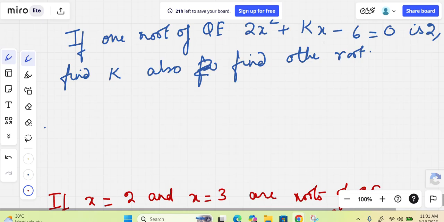Ma'am, k is minus 1. For the first one, find k: k is minus 1. Yeah, k is minus 1.